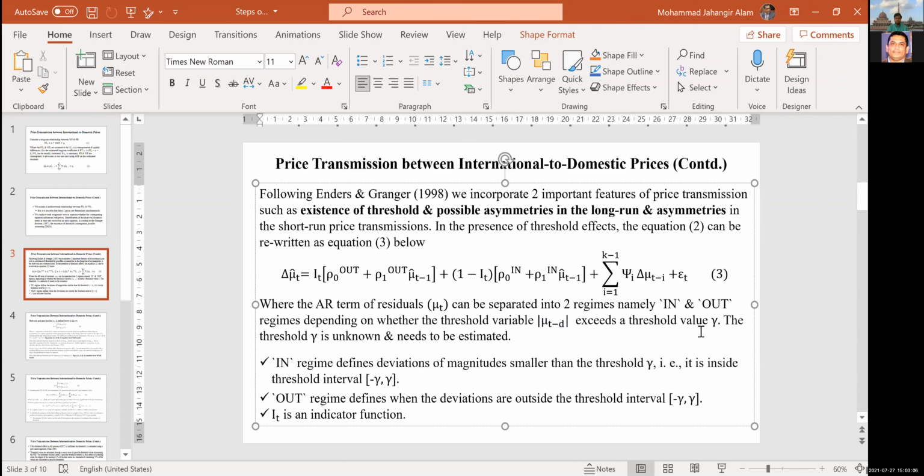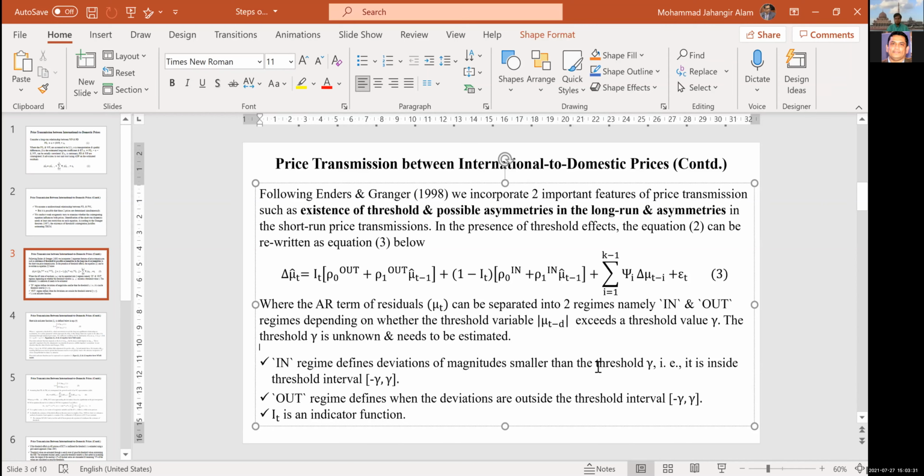There exists a threshold value, that's what we call gamma, right? And it is inside the threshold interval. Just imagine you estimated this, and then you sorted these residual values, and from these residual values you identify this threshold gamma.